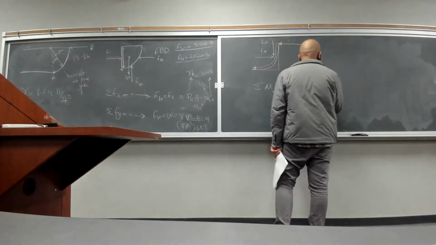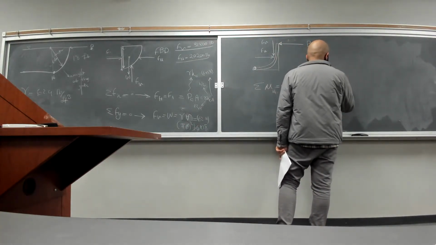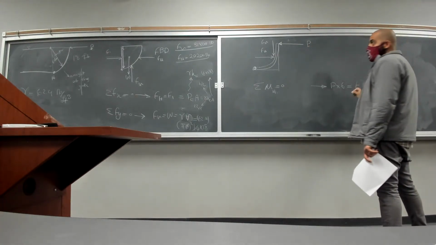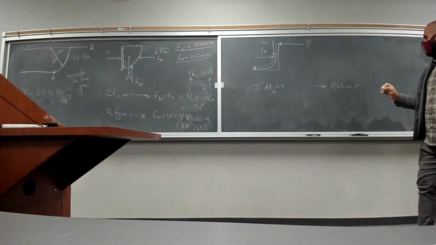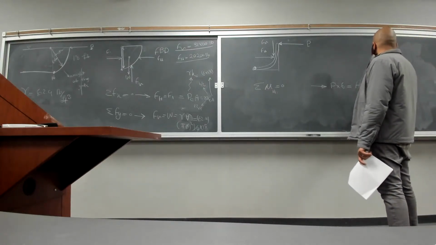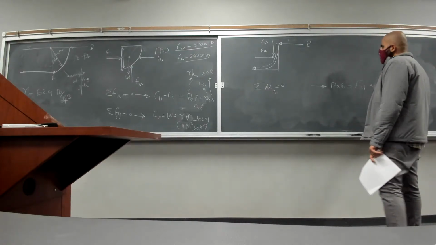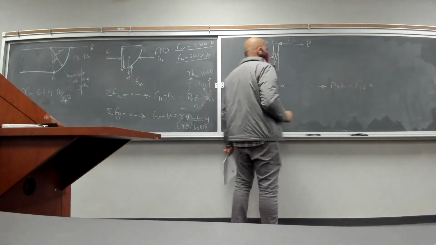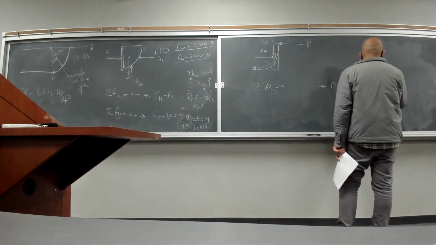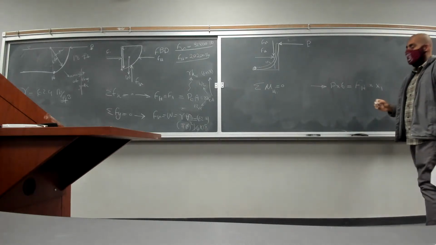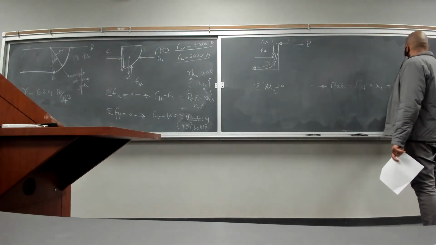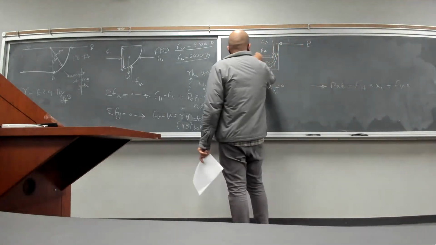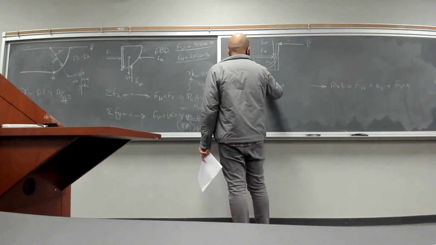So P multiplied by 6 has to be equal to FH multiplied by its arm, let's call it X1, plus FV multiplied by its arm, let's call it Y1.